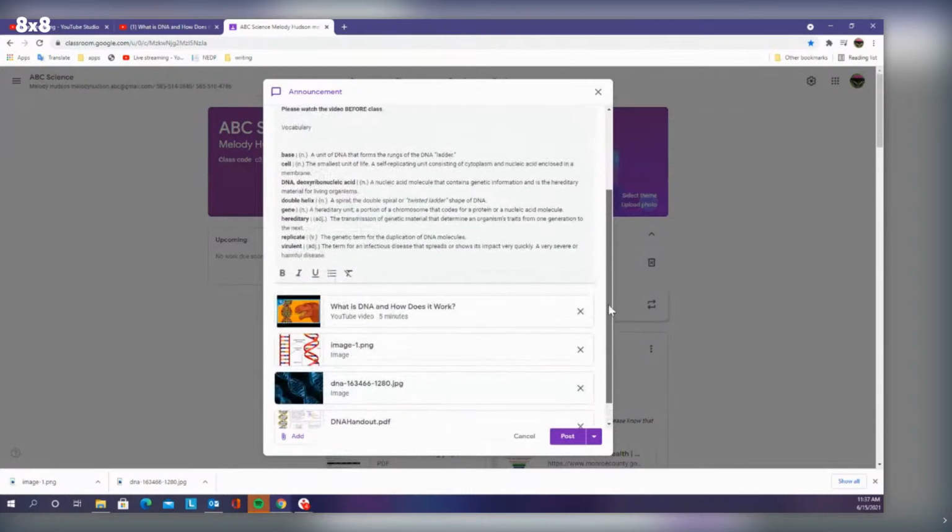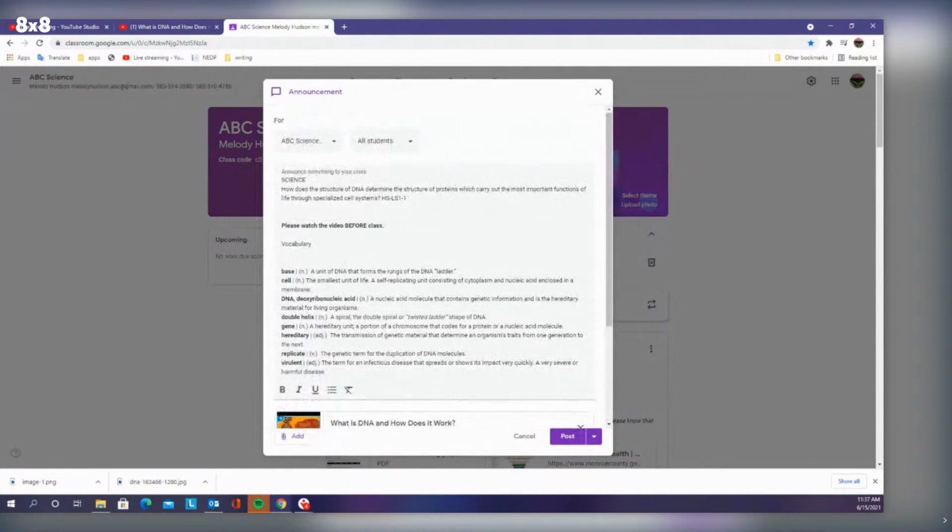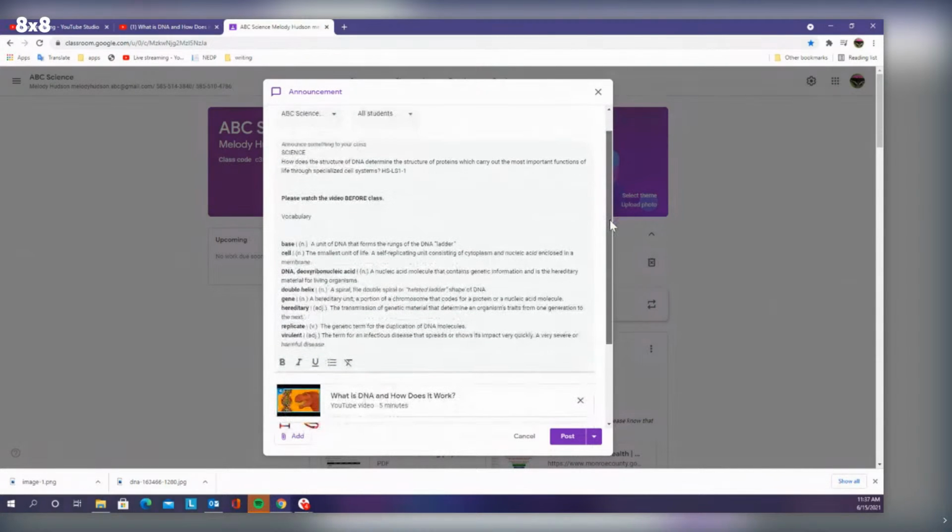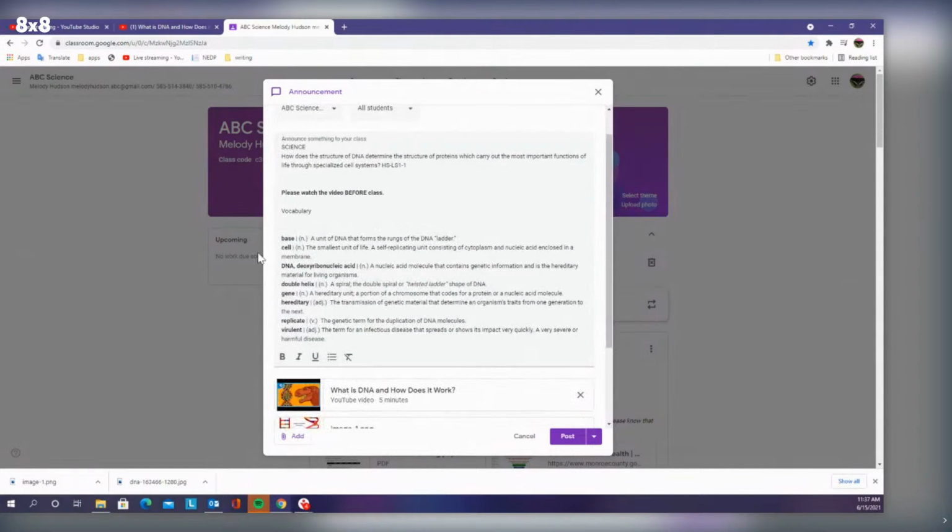I first want to share with you some vocabulary, and we will start by talking about a base, which is the unit of DNA that forms the rungs of the ladder, the steps of the ladder. That is called the base. And then I'll show you a picture in a second. And we know what a cell is, hopefully, from science before.